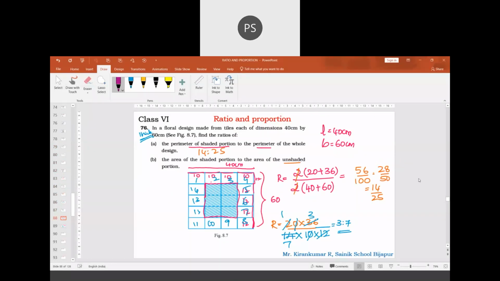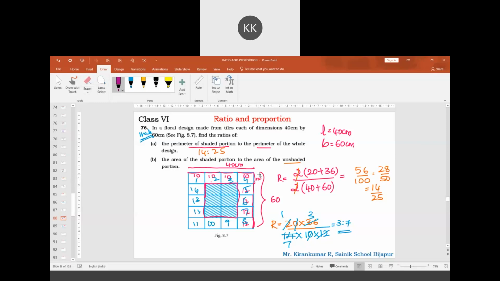Yeah, this is our 76th question. What's the doubt here? Sir, in a floral design made from tiles, each of dimension 40 centimeter by 60 centimeter, they asked, sir. But you made the whole square 40 centimeter by 60 centimeter. I got confused. I considered this floral design as the complete design from here to here.